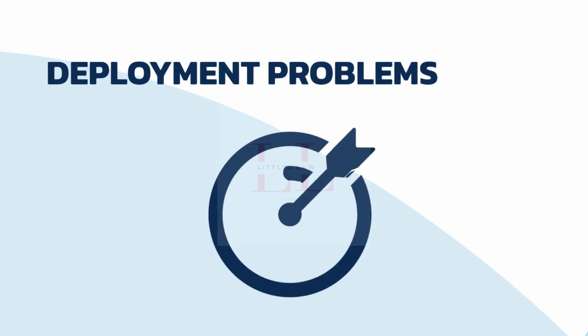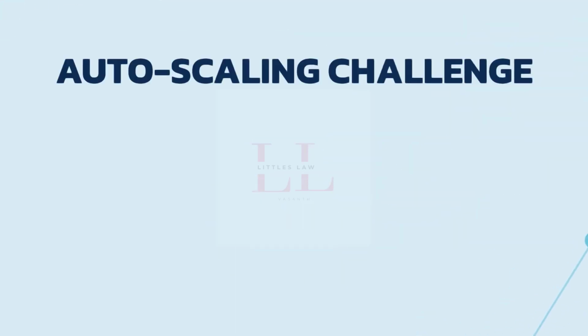And the third one is auto scaling challenges. If you have any improper configuration in terms of auto scaling, this can lead to either over provisioning or under provisioning of resources. In fact, we saw this same scenario in our previous video, where we were discussing why we should monitor the metrics.